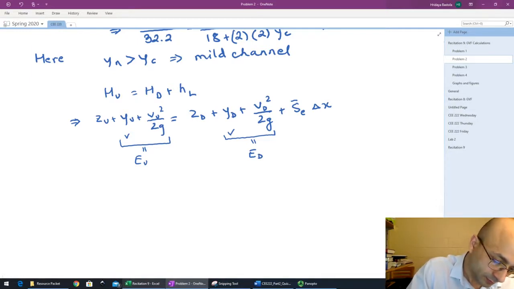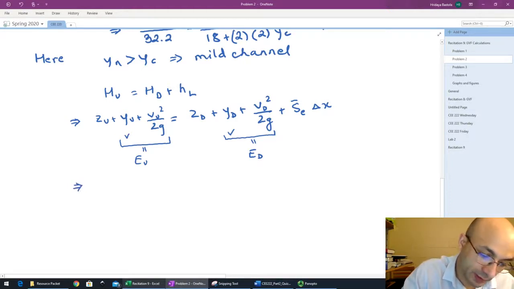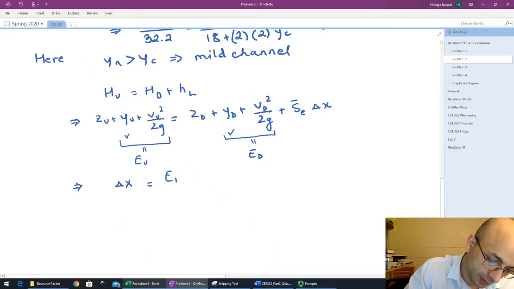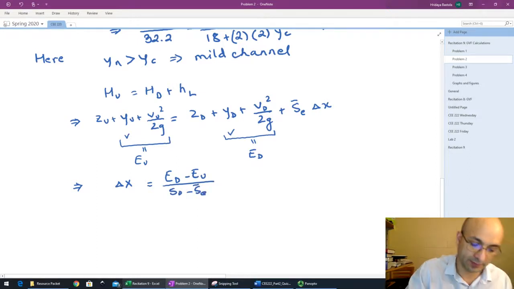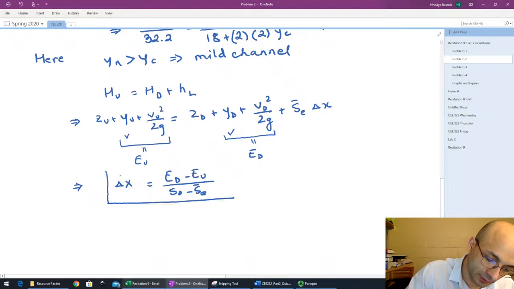You can rearrange this equation to finally get the workable form. If you express this in terms of delta x, you should get ED minus EU over S naught minus SE average. So we'll use this equation to guide our table for direct step method.